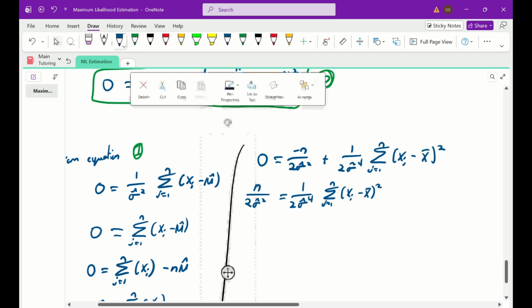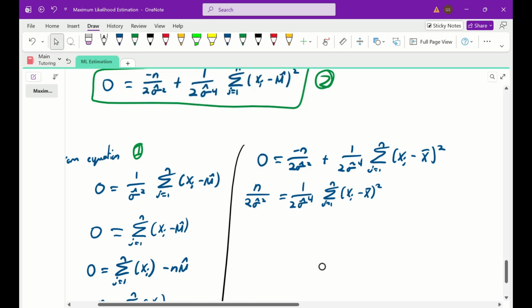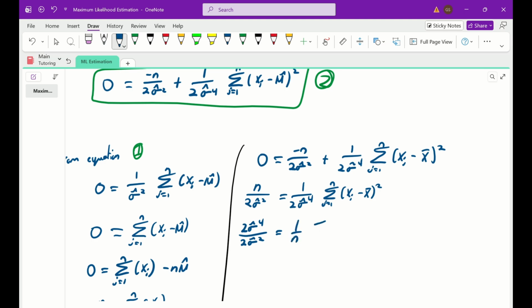I might multiply the 2 sigma hat to the 4 to the other side, and I might divide the n as well, so I'll do that in the same step. We multiply the 2 sigma hat to the 4, and then we have the 1 on n over here, sum j equals 1 to n of xj minus x bar squared.